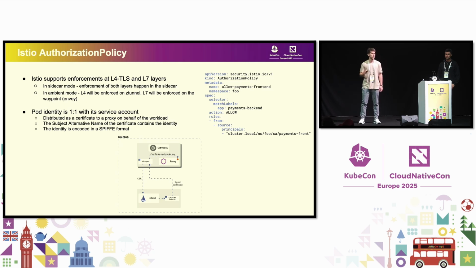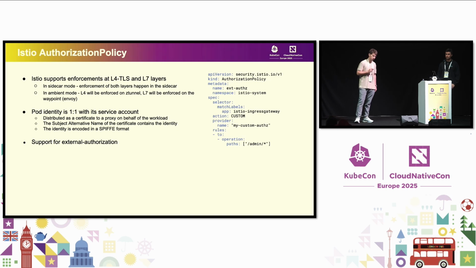And the identity is usually using the SPIFFE format, which is an increasingly common standard for describing this identity. Now, we can see a little example on the right. I'm trying to keep examples throughout as I go, but not spend a lot of time on that. But for example, in this example, we're allowing traffic to the payments backend from the payments front identity.